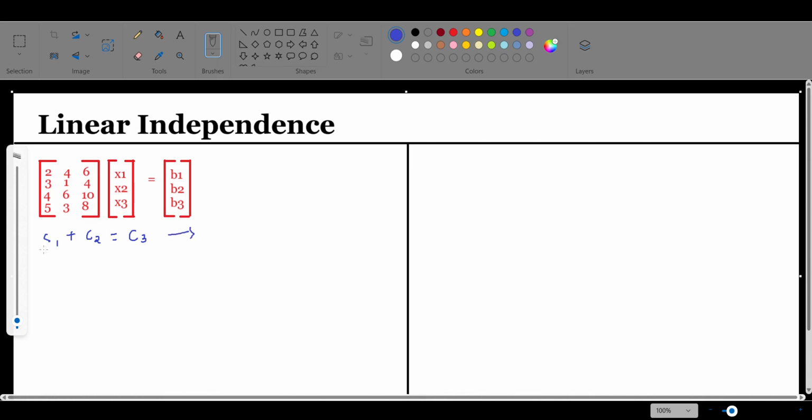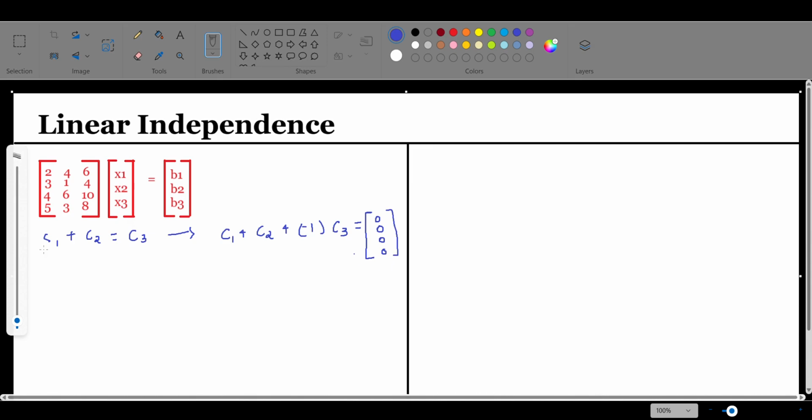Now what I'm going to do is get C3 to the left hand side and write it as a linear combination. So let's say C1 plus C2 plus minus 1 times C3. And what would this be equal to? 0, right? So I'm going to write the 0 vector in the form of a 4-dimensional vector because C1, C2, and C3 are also 4-dimensional.